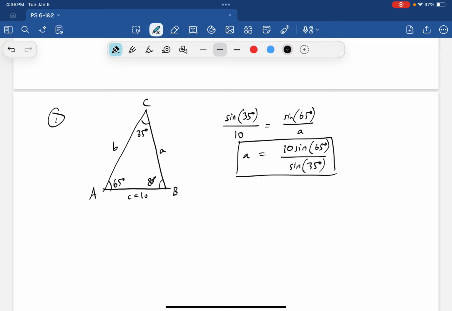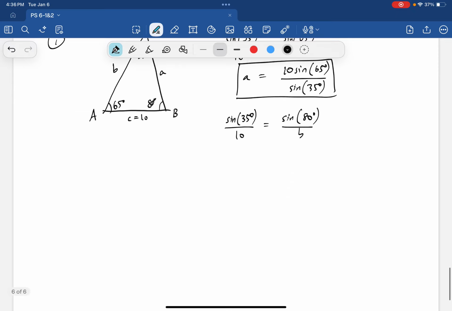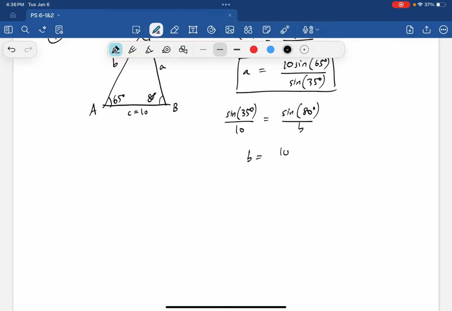And then we have sine 35 over 10 equals sine 80 over B. So that means B equals 10 sine 80 over sine 35. So that concludes this problem set.